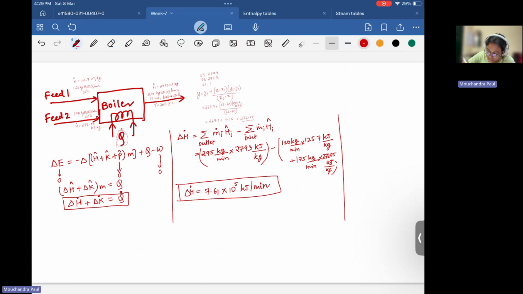So change in kinetic energy is kinetic energy outlet minus kinetic energy inlet. This we have to neglect. So it will be equivalent to kinetic energy outlet.